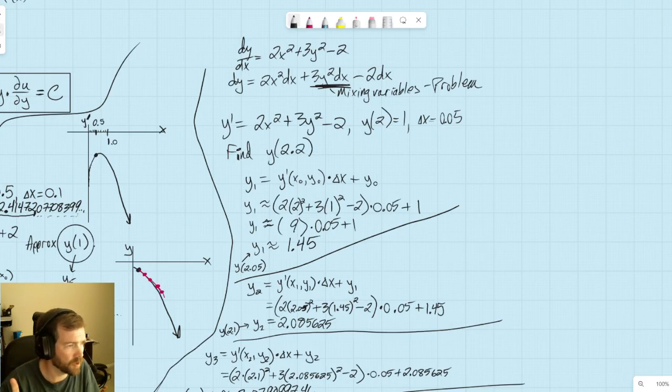Alright, so we have our initial condition. That's what we end up getting. Okay, so this is y equals 1 over 7 minus 3x. Alright then.